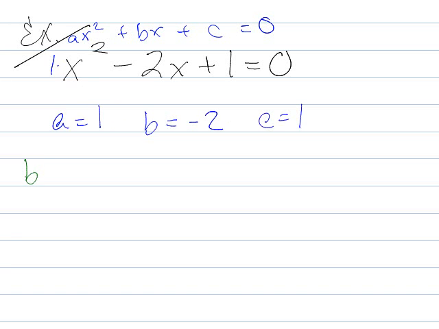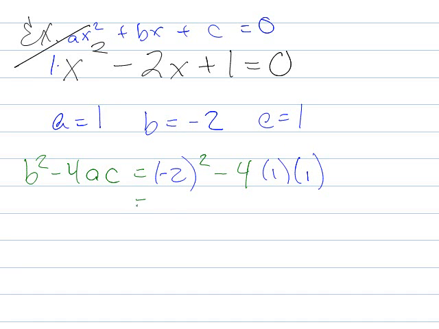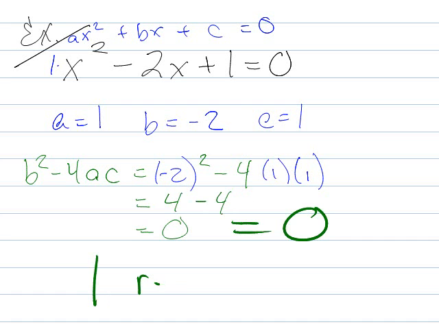So b squared minus 4ac is negative 2 squared minus 4ac. Negative 2 squared is 4, minus 4, that's 0. So that's equal to 0, so one real solution.